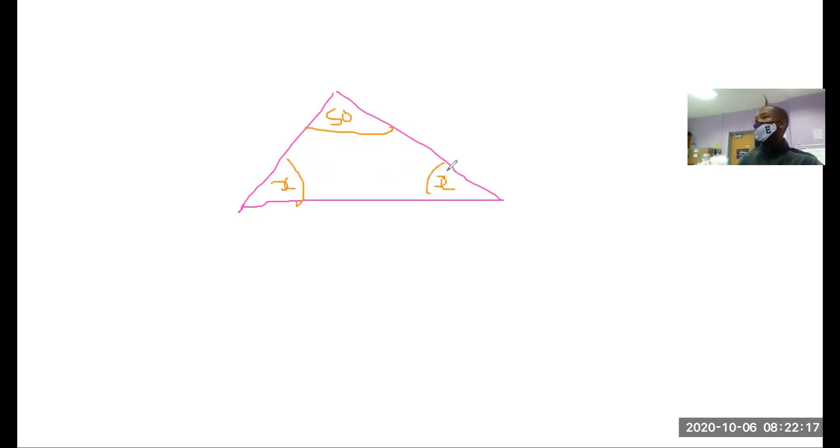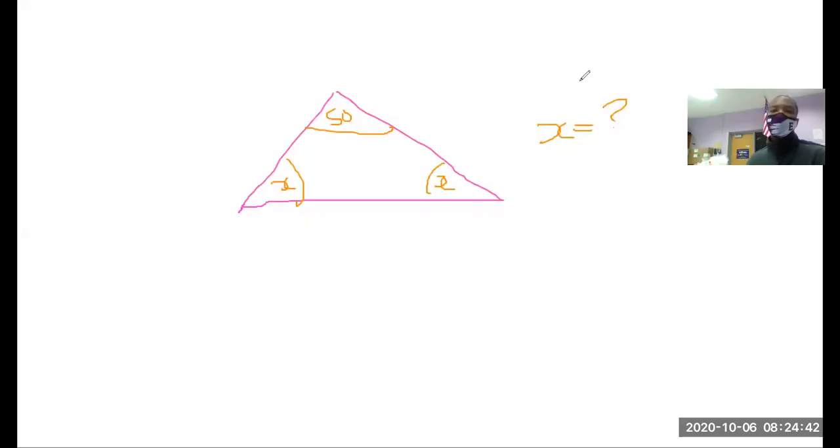Don't let the variables fool you. Don't let the letters fool you. So what is x? What would x be? Because it's saying that both those angles equal the same, right? But I also know the whole triangle equals 180. So what would that be?